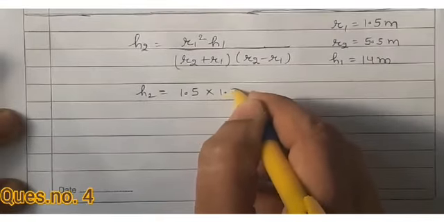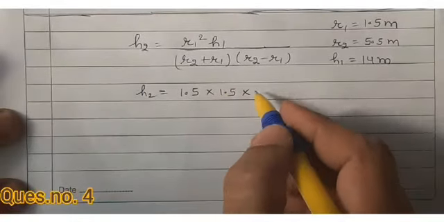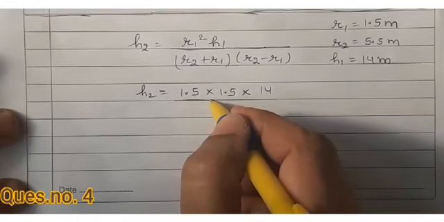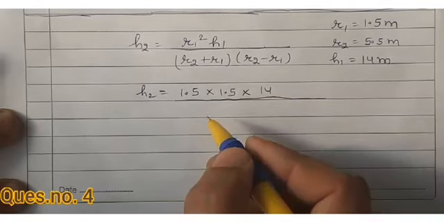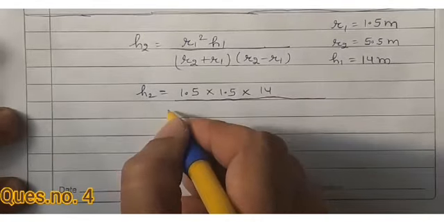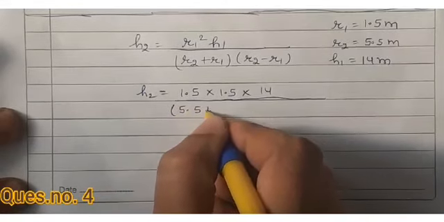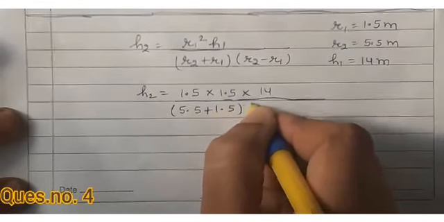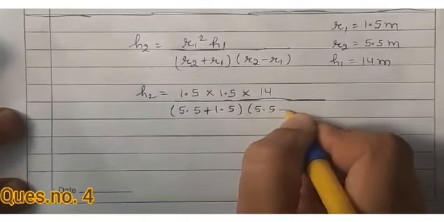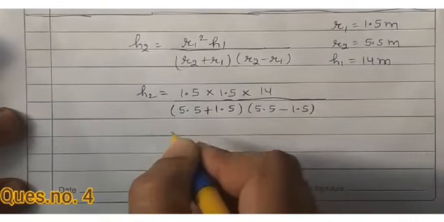Then what is H2? See, R1 is 1.5, so 1.5 into 1.5. What is H1? H1 is 14, upon R2 plus R1, so 5.5 plus 1.5, and 5.5 minus 1.5.